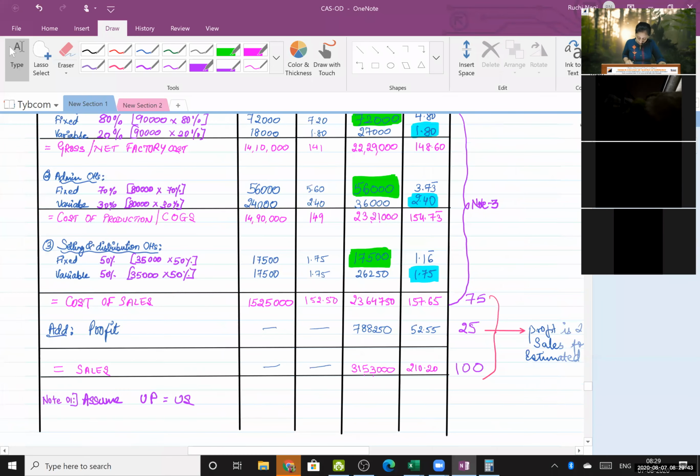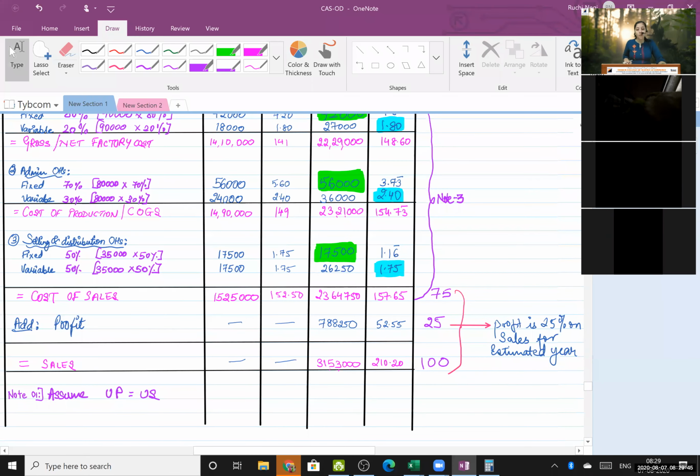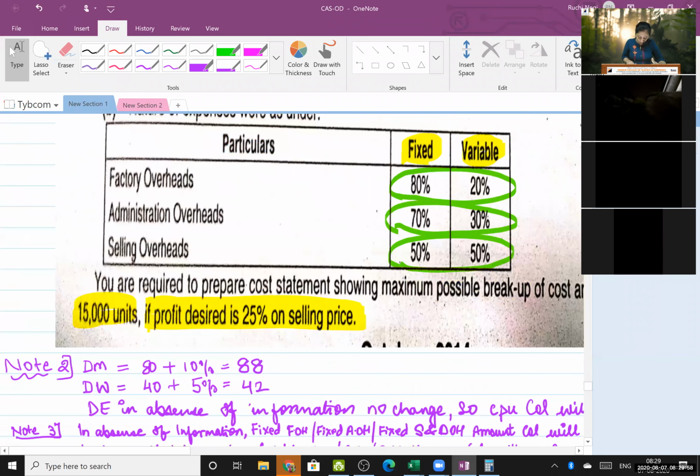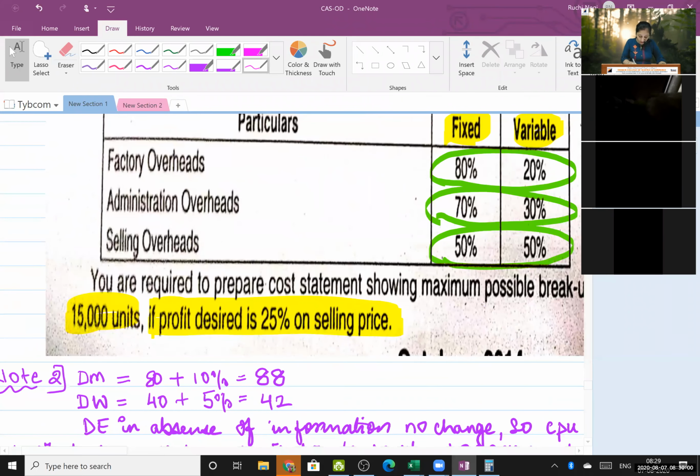And then for the current year, profit and sales cannot be found because no information is there. But for the estimated year, yes, we can find because they have said calculate selling price per unit for 15,000 units if profit is desired 25% on selling price.